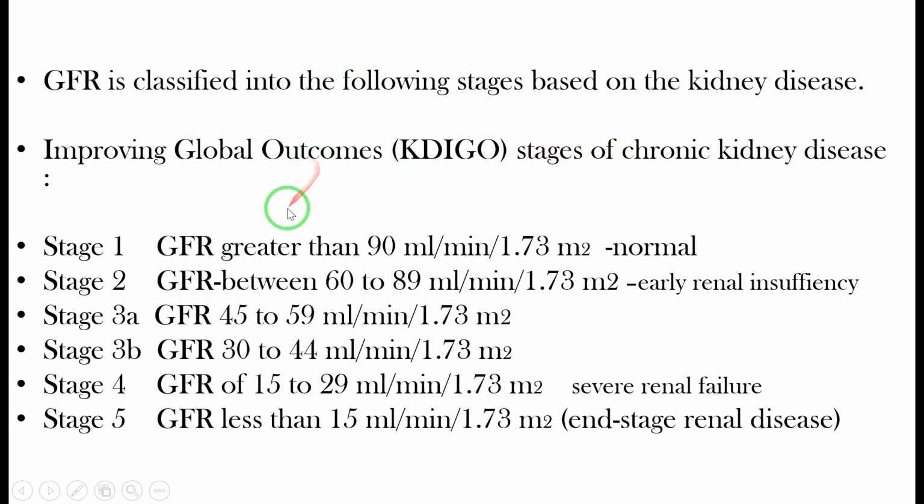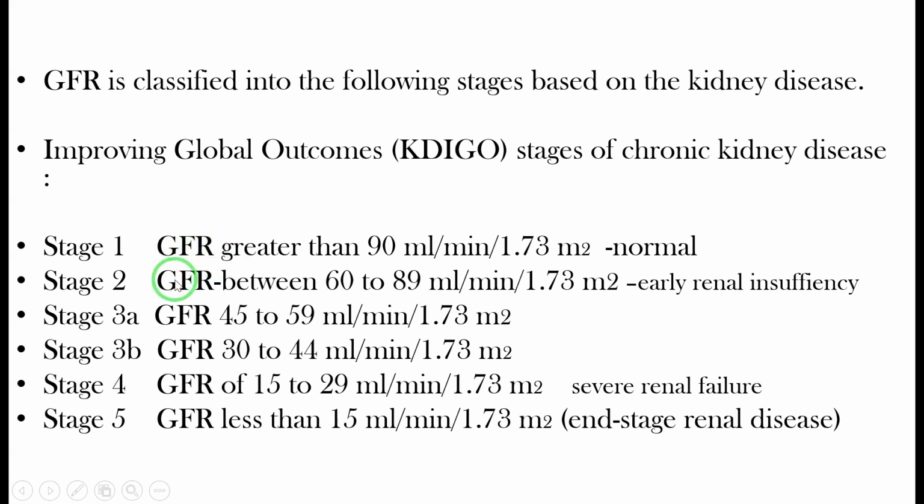If we calculate the clearance of whatever endogenous or exogenous substance, and the GFR was greater than 90 ml per minute per 1.73 square meter, then we consider that the glomerular filtration rate according to the clearance is normal.